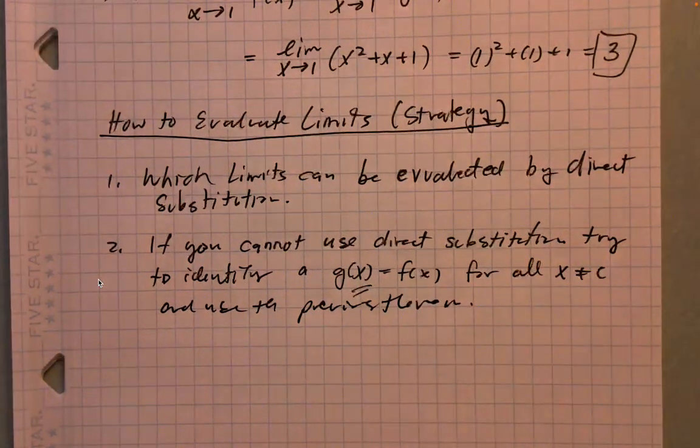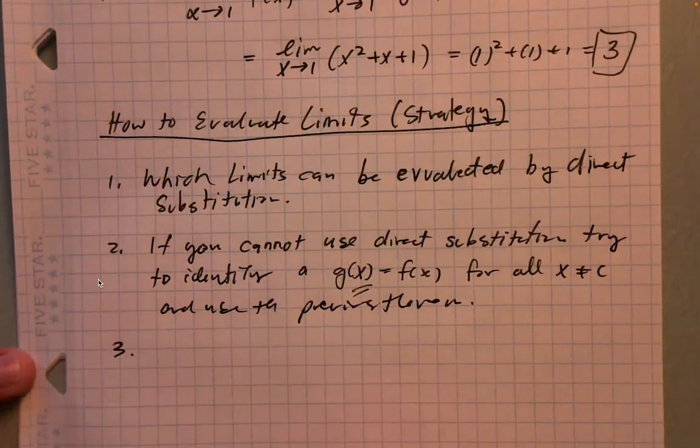So what that basically boils down to is, can you transform the function in some way such that you get rid of the issue at the limit point? If it's an issue where you're dividing by 0, for example, it's the most common one probably. Can you transform the function such that you get rid of the dividing by 0 at the limit point problem? And then you can likely use direct substitution.